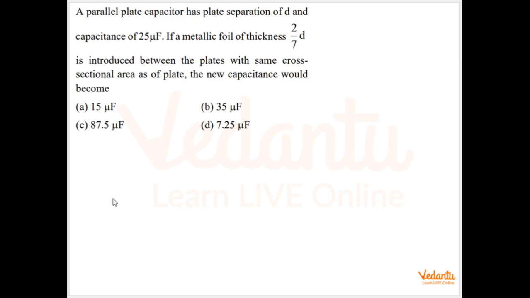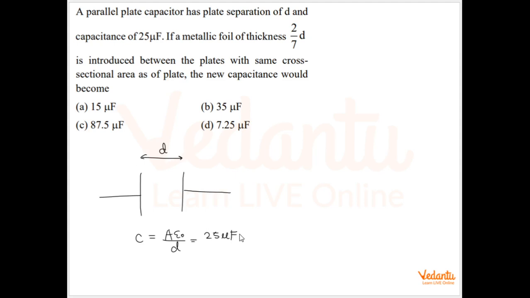So in this case, my dear bachcha log, I have one capacitor with initial separation D between the two. Now its capacitance, beta, is given as 25 microfarads.